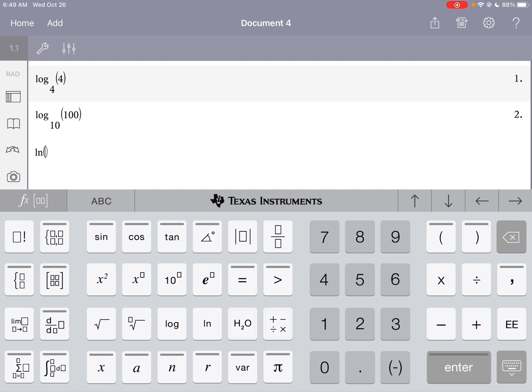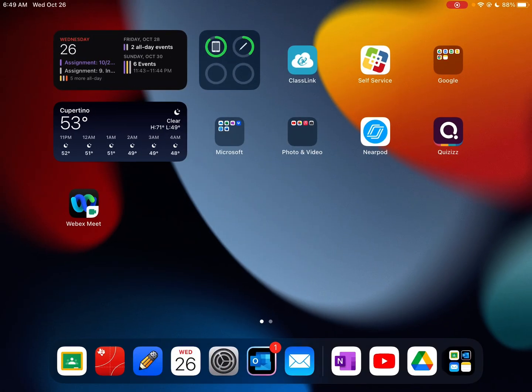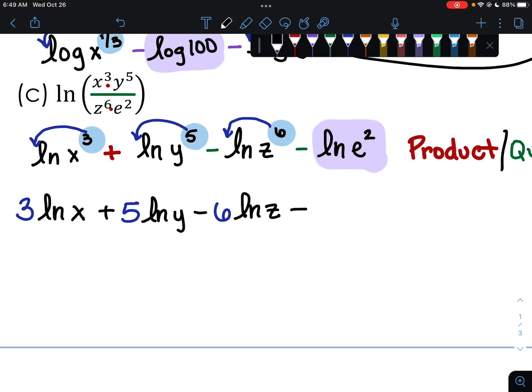The natural log of e squared is just 2, because the base of the natural log is e and the base of my exponential is e. So we get 2, which was just the exponent. And this right here would be completely expanded.